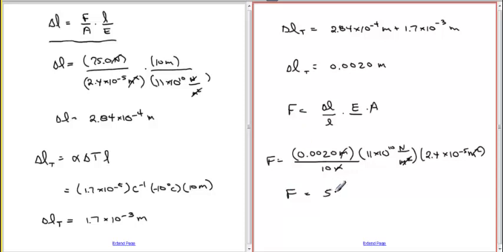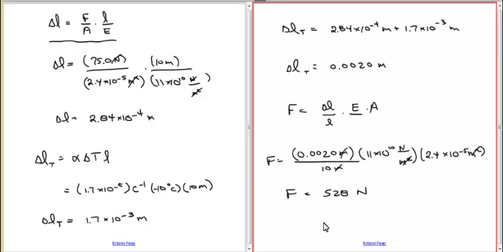And I get that the force, the tension, is 528 newtons, compared to the original 728. I'm just going to check my answer. Yep, okay. I probably can only use two significant figures because of the way I did the problem. So I get 530 newtons.